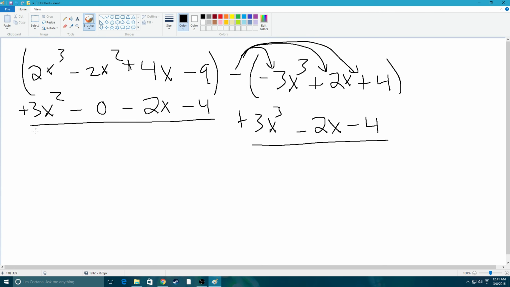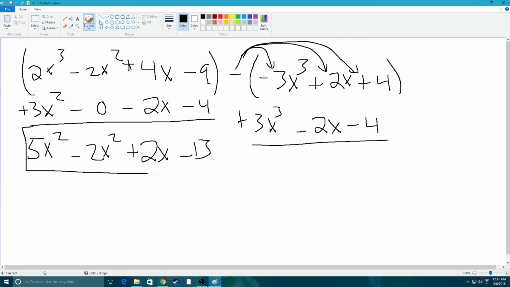So 2 plus 3 is 5x to the third. 2x squared minus 0 is negative 2x squared. 4x minus 2x is just a positive 2x. Negative 9 minus 4 is a negative 13. And that's how we add polynomials.